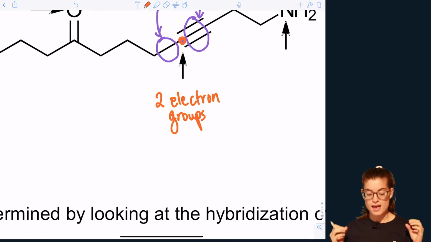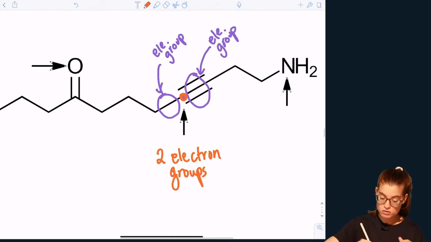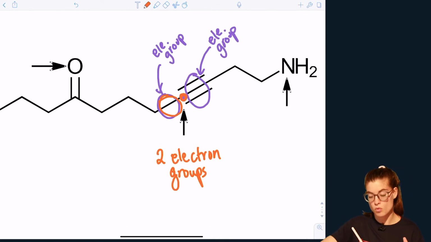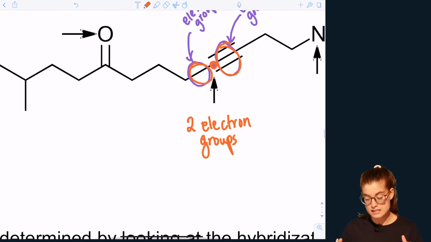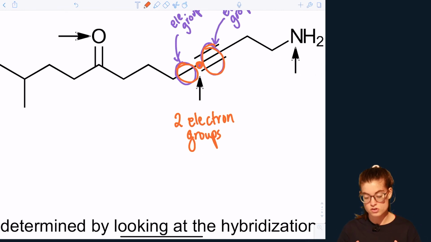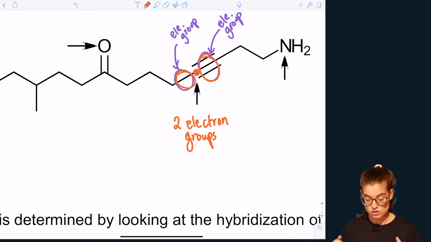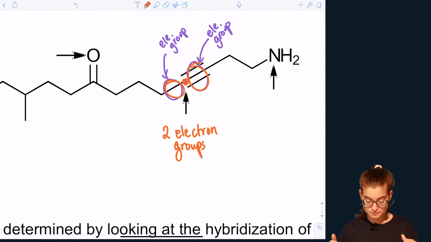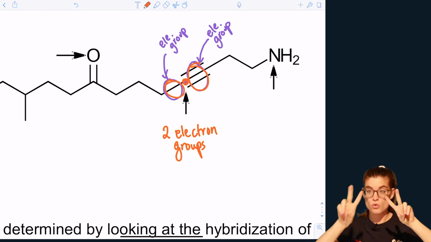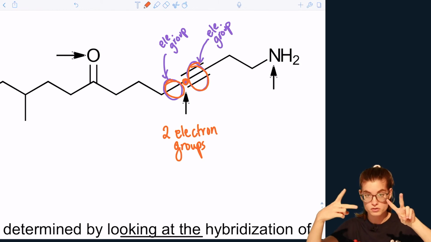So for example, if I have 2 electron groups, that means that I want 2 hybrid orbitals. 1 hybrid orbital will be used for this side, and 1 hybrid orbital will be used for this side. We're not going to jump too deep into that because there is more information about that. We're just doing how do we determine hybridization the quick and easy way. So, if this carbon has 2 electron groups, then it needs 2 orbitals to hold those electron groups.